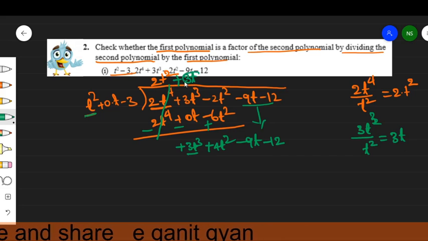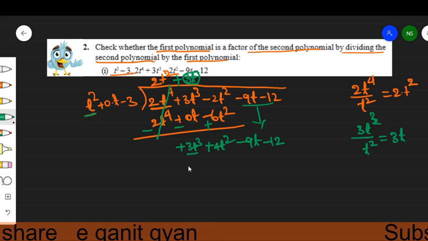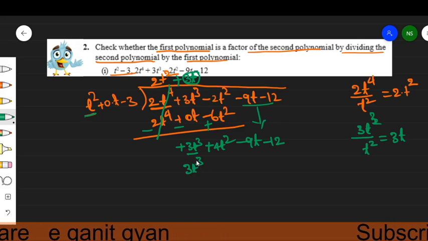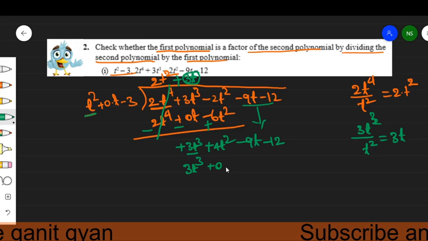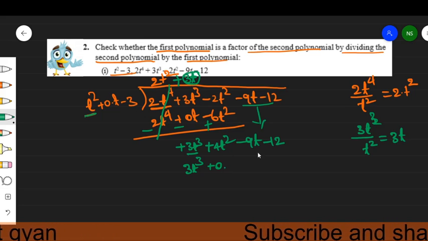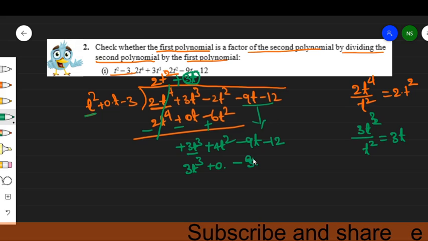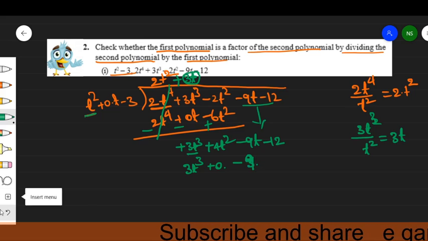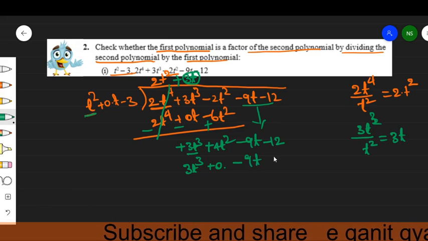Now multiply this: plus 3t into t square will get 3t cube, plus 3t into 0t will get 0, then plus 3t into minus 3 will get minus 9t.